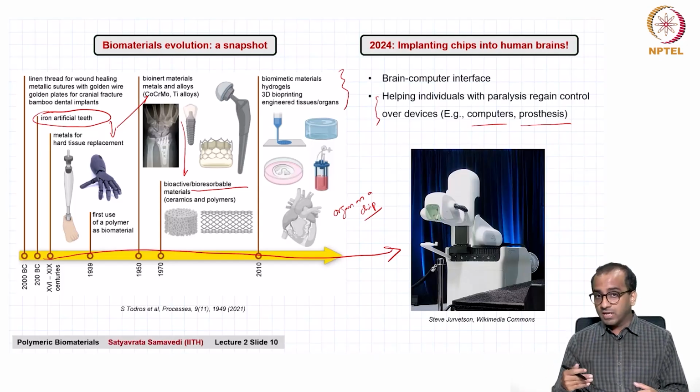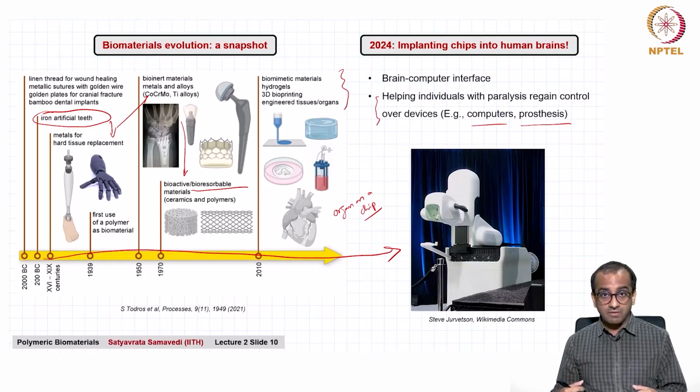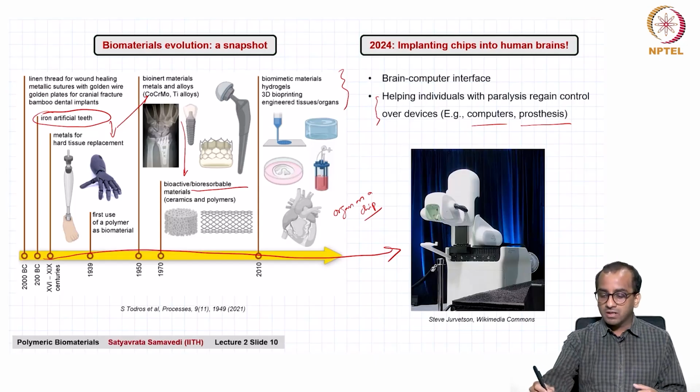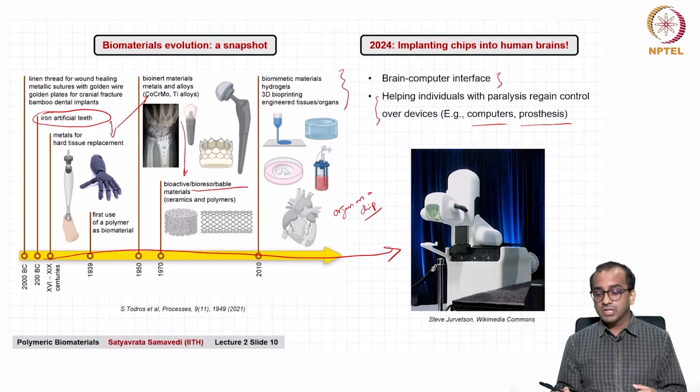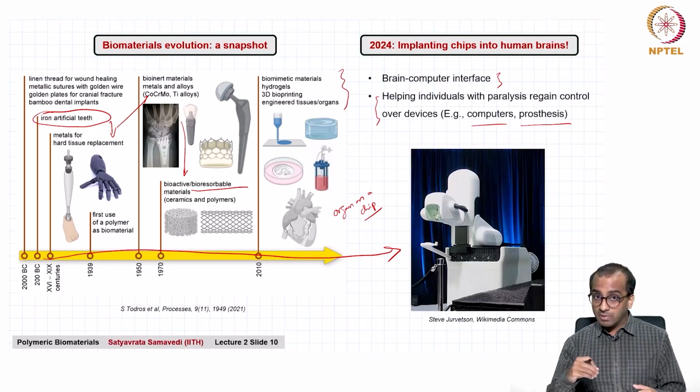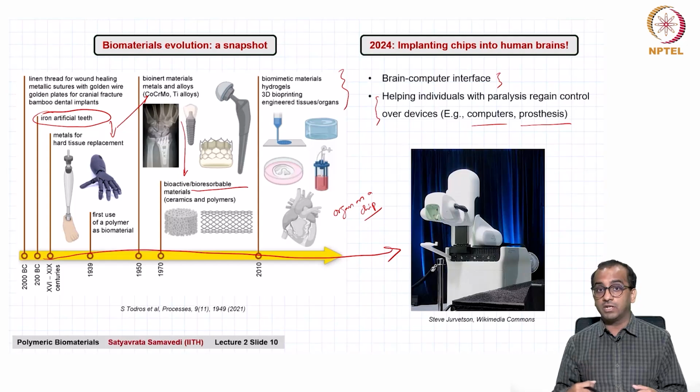So, from where we started, looking at examples where a wrought iron implant was just jammed in and it had osseointegrated and perhaps served its function as well, to where we are deliberately putting chips into human brains and using a brain computer interface to help individuals who have lost limb functions perhaps even gain some of that with time.